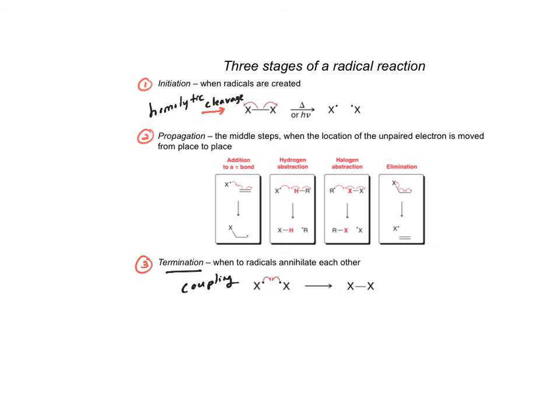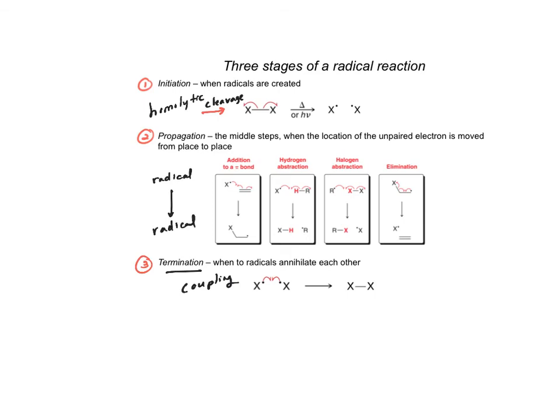Okay, so if all radicals are initiated via homolytic cleavage, and they're all terminated via coupling, then in the middle we propagate, right? And propagation can be any of those four that were in the middle: addition to a pi bond, hydrogen abstraction, halogen abstraction, elimination. For this propagation step, we're always going to need to be coming in with a radical as our reactant, and we need to be propagating more radicals, or creation of more radicals, as a product, right?